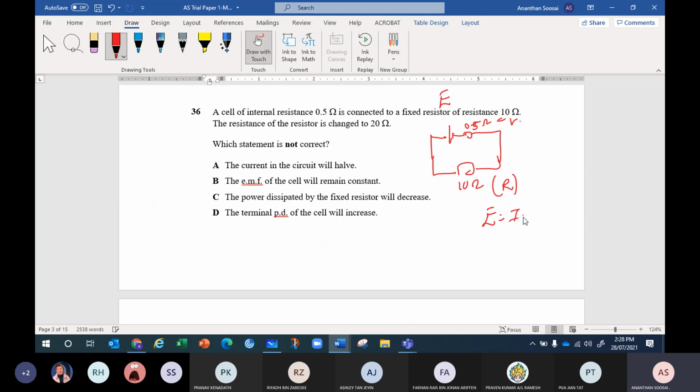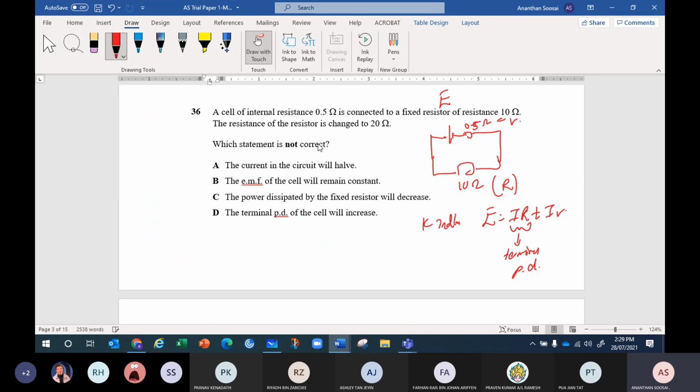E equals I small r plus I capital R, based on Kirchhoff's second law. So I capital R should be your terminal PD. This is your terminal PD.